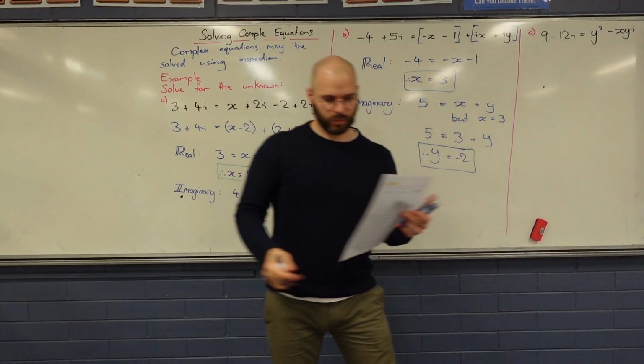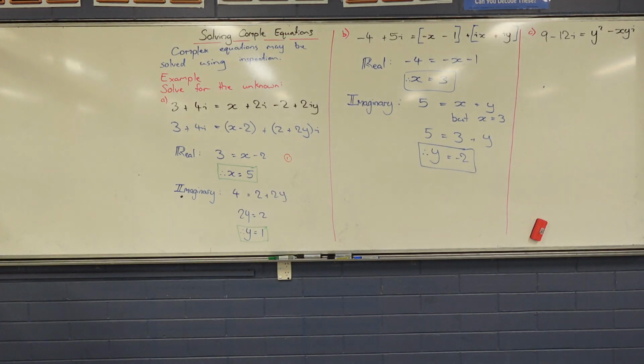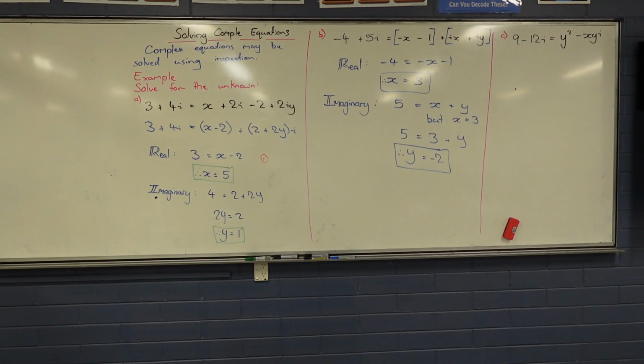Alright. You would have seen something similar to this when you did your polynomials topic. So we have 9 minus 12i equals y squared minus xy squared i. Are they already grouped in Cartesian form?